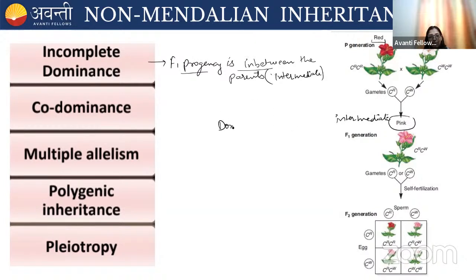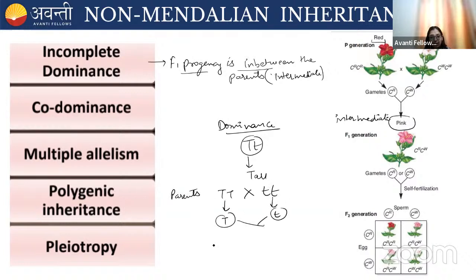generally in case of dominance, you have observed that if there's a heterozygous condition, we are getting a tall plant. That means if I cross capital T, these are the parents. If I cross, they will produce gamete capital T, and gamete small t. So their F1 will be capital T small t, right? This is what we are observing in case of dominance.